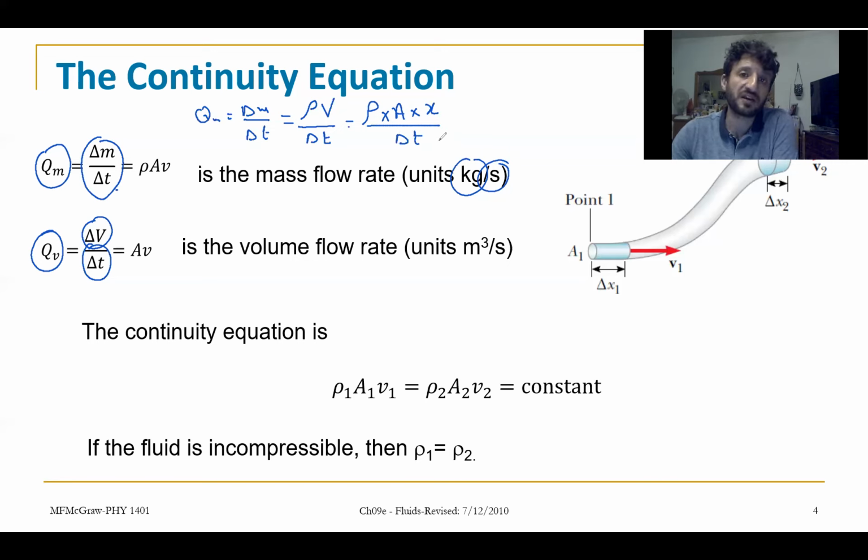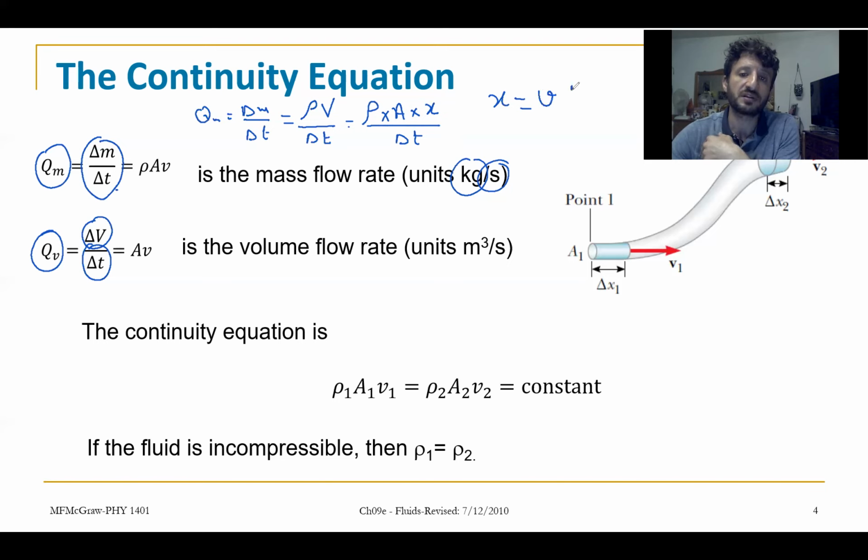You know we have a steady flow. It means we have a constant velocity at any point, so we have zero acceleration.